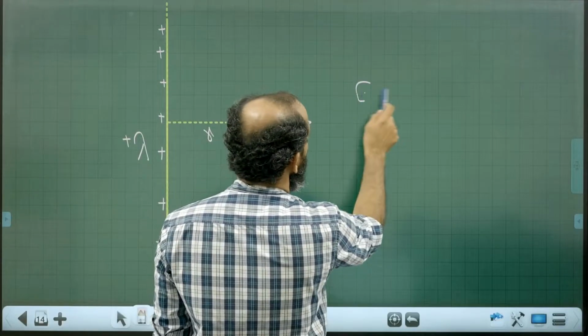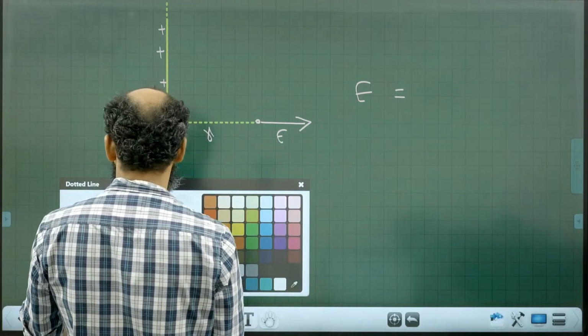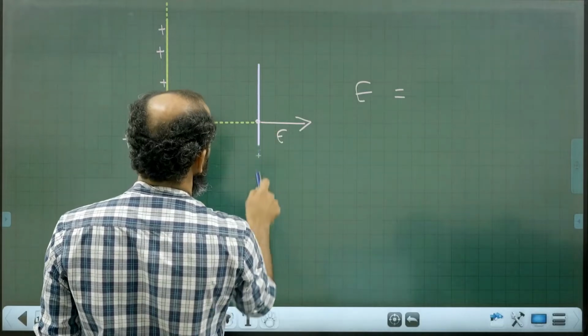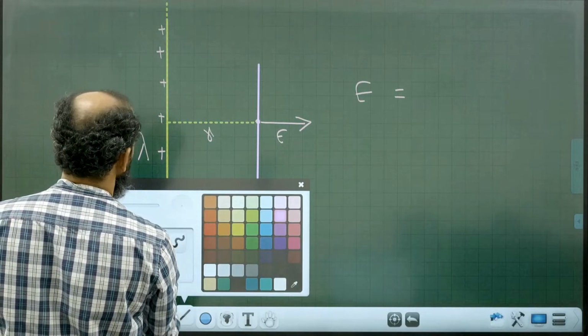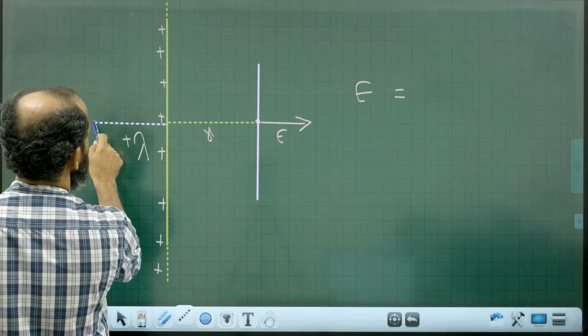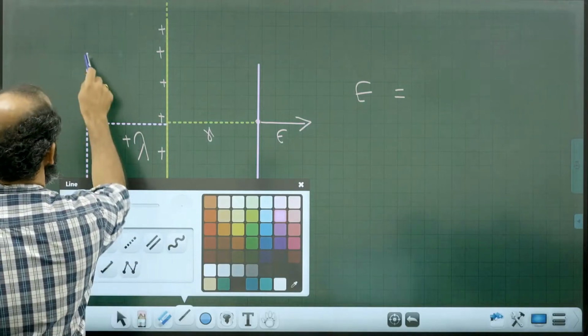That field, as per Gauss's law, is found by choosing an imaginary Gaussian cylinder.